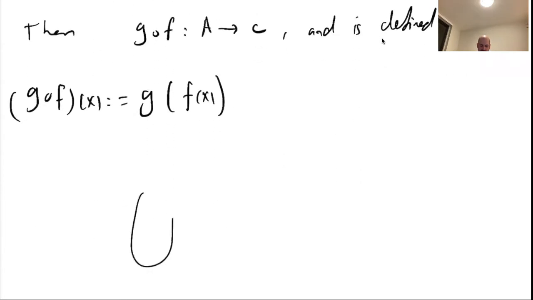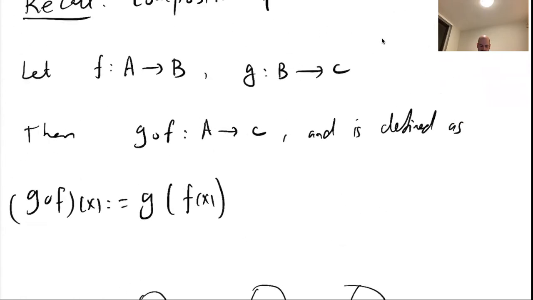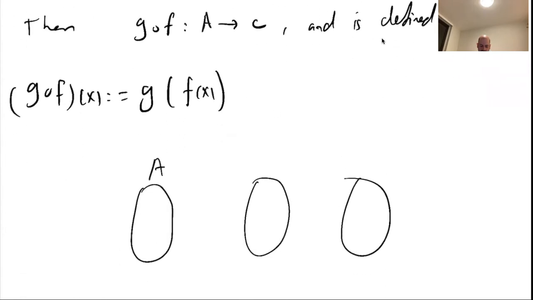Right, so if I want to show you what happens here, see, we have an input x in the first set, let's say A, like let's say small a. Then we apply f to it. We get f of a, which is some element in B.